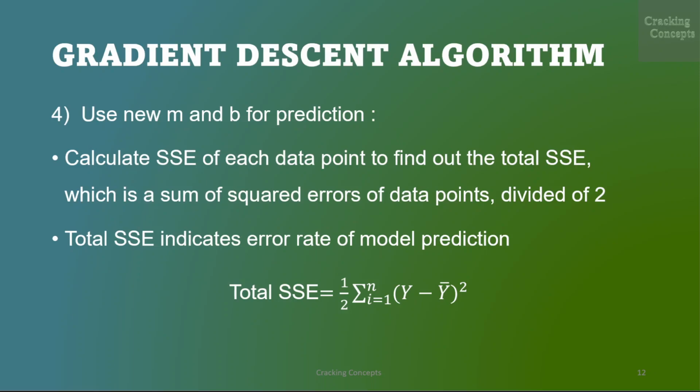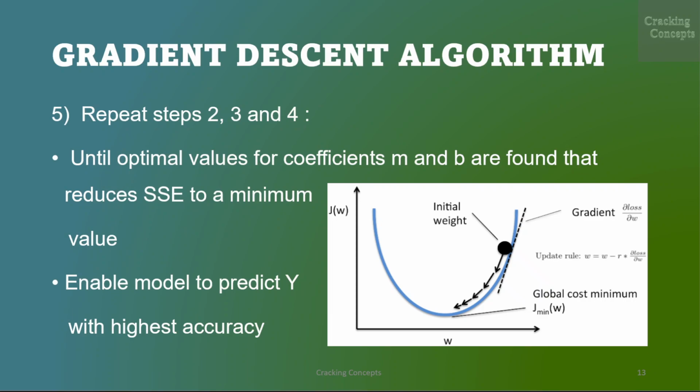Now the total SSE indicates the error rate of the model prediction. So total SSE will be 1 by 2 into sigma i is equal to 1 to n of (y minus y bar) the whole square. Now the fifth step is to repeat steps 2, 3 and 4.